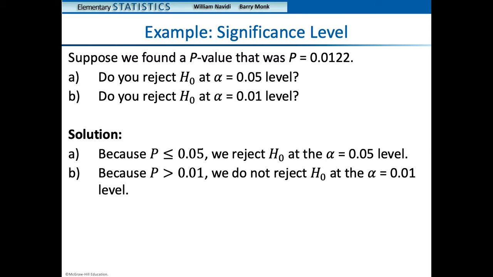So the choice of alpha is the deciding factor as far as whether the null hypothesis is rejected or not. In the homework problems and on the test problems you'll be doing, the value of alpha will be chosen for you, and your job will be to find the p-value and then compare it to that chosen value of alpha.